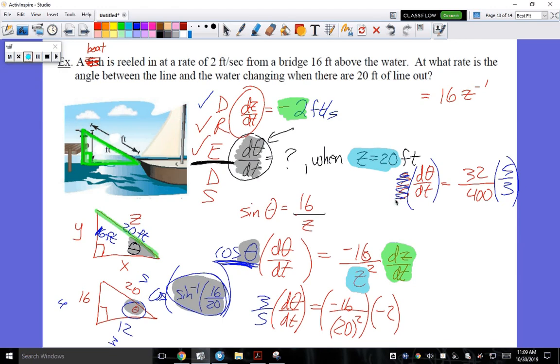And what do I always do before multiplying straight across? Simplify. 5 over 400 is what? 1 over 80? Does anything else simplify?